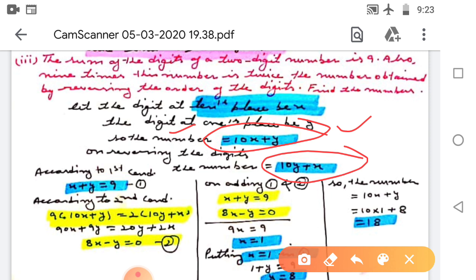This is important. The first condition is the sum of the digits is 9, so x plus y is equal to 9.